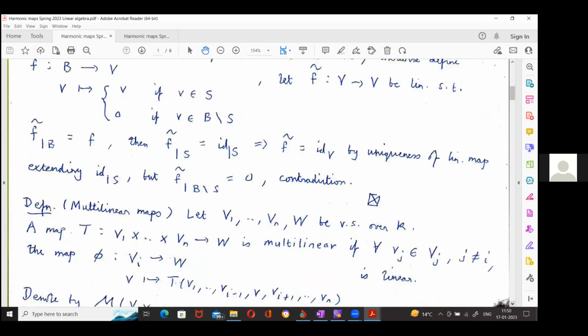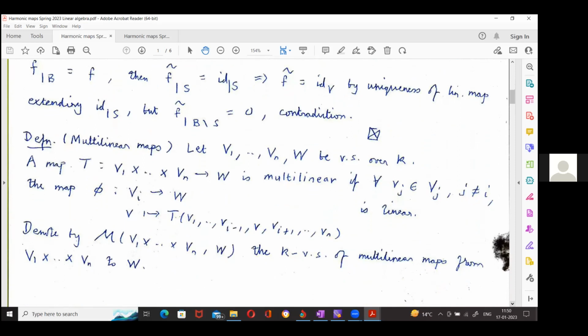Okay. Fine. So we'll be talking about tensor products. Those are directly related to what are called multilinear maps. So you've probably seen the definition. Suppose V1 to Vn and W are vector spaces over K. Then a map T from the Cartesian product V1 cross Vn to W is multilinear if whenever I fix n minus one of the variables, then it is linear in the remaining variable.